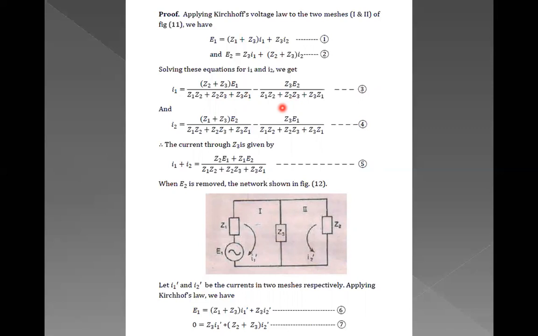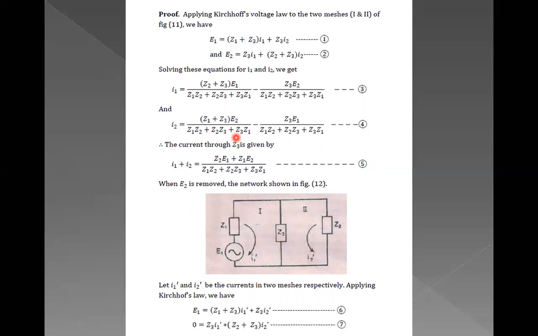Whereas I2 we got as Z1 E2 plus Z3 E2 divided by the same denominator, please observe it is the same form, Z1 Z2 plus Z2 Z3 plus Z3 Z1, minus Z3 E1 divided by Z1 Z2 plus Z2 Z3 plus Z3 Z1. So we got the currents because of EMF E1 and EMF E2 as I1 and I2, as shown in equations 3 and 4.